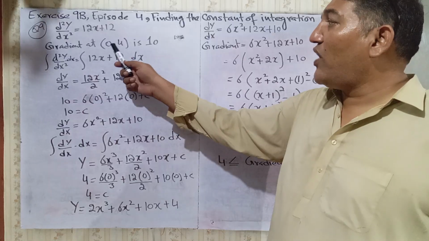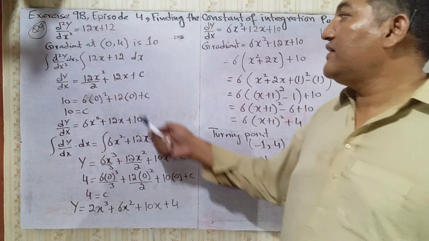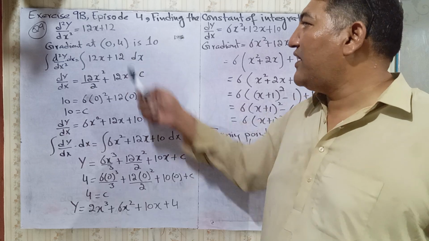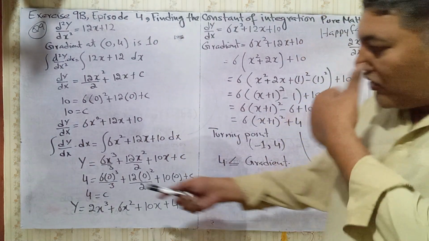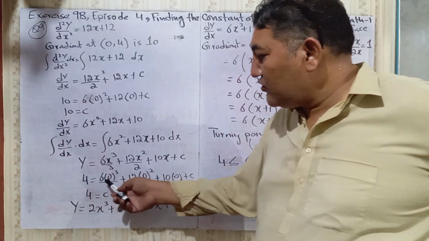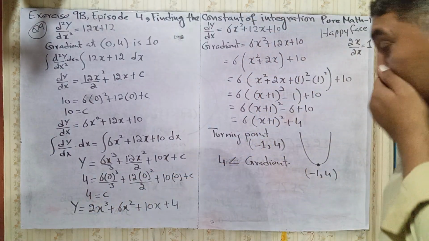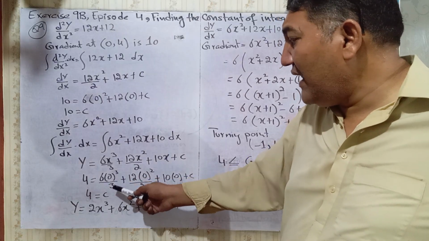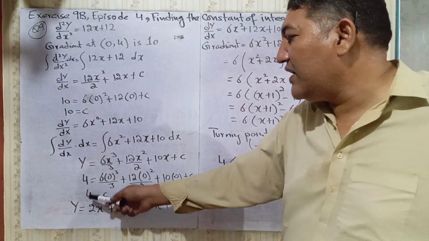Because the point (0, 4) lies on the curve, in the place of x I can put 0, and in the place of y I can put 4 to find the value of this c. So you can see here I put 4 equals, and in the place of x I put 0. This becomes 0, this becomes 0, this becomes 0. So c will be equal to 4.